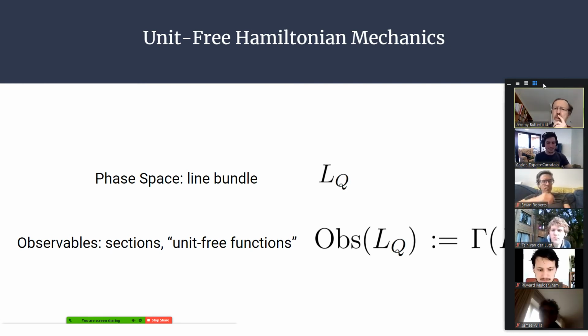How do we understand the sections of a line bundle really as observables if we still want to recover something like functions and we still really want to go back to the old times of observables are real functions? The way it operates is exactly as you mentioned, by taking a local trivialization. So a local trivialization is a non-zero section, right? A local non-vanishing section for a line bundle.